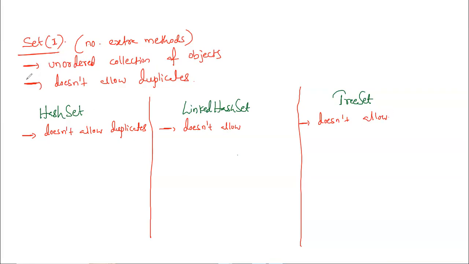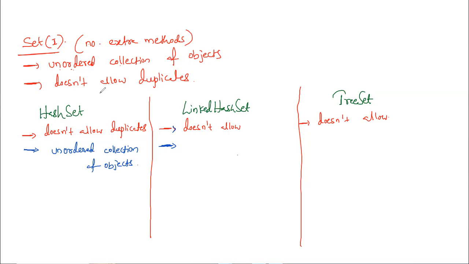What is the second property? Ordered collection or unordered collection? Set is an unordered collection, but what about this HashSet? Is it the same as the interface property or is anything changed? It is also an unordered collection. Next, LinkedHashSet is an ordered collection.